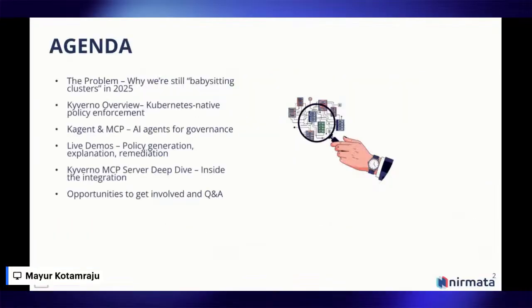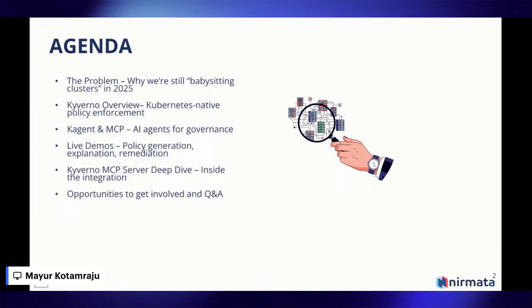So here's the plan for today. We'll start with the day-to-day reality of running Kubernetes in 2025 and why so many teams feel like they're babysitting clusters. Then we'll look into Kyverno, the policy engine that's already solving part of the problem. From there, we'll introduce Kagent and the Model Context Protocol as the AI layer that accelerates governance.